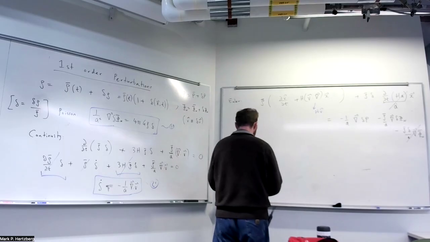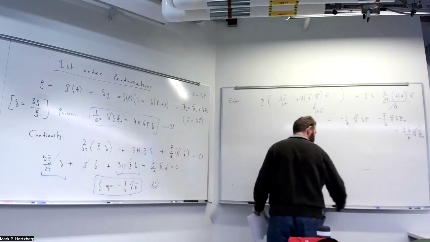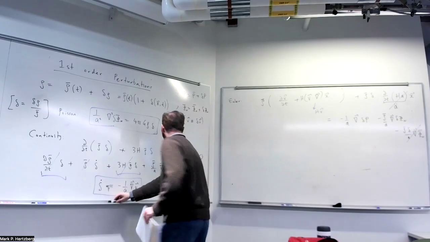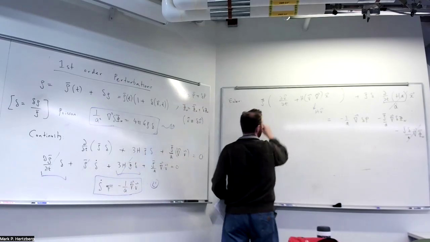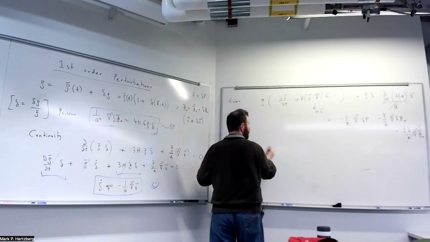All right, so let's just summarize what we have. We'll divide throughout by this rho bar. I'm left with dv/dt.